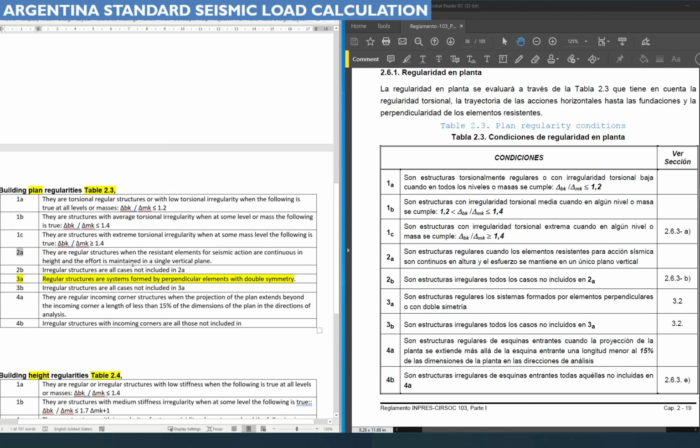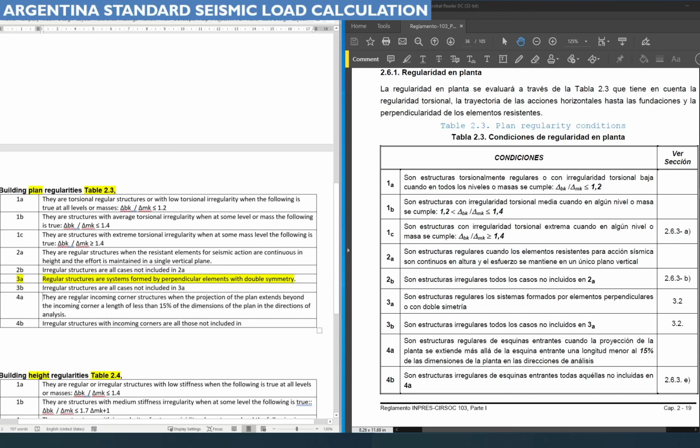Similarly, 2a is a regular structure with a resistant element of seismic action. 2b is irregular structures, all cases not included in 2a. 3a, which we are going to consider for our calculation purposes, regular structures are systems formed by perpendicular elements with double masonry. 3b is irregular structures.